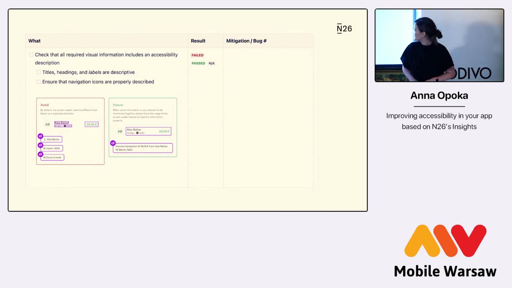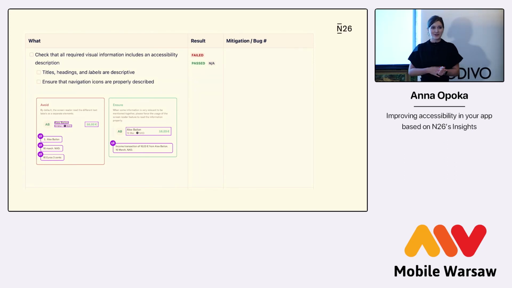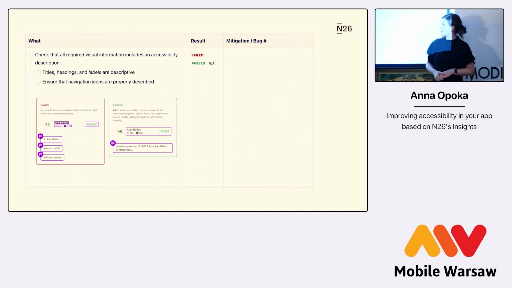Can you see it? Okay. Yes. So labels, descriptions, very basic but very important things to test. In this screenshot, you can see something that we do very often in my team, which is grouping things or hiding some elements.